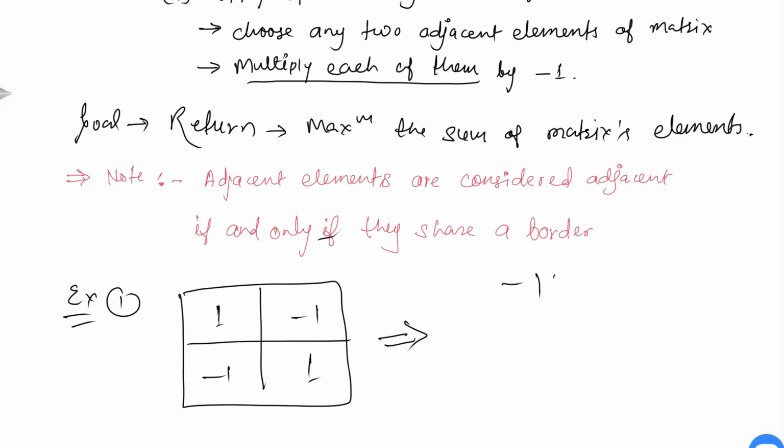This one has the value 1 and this one is -1, so it becomes -1.